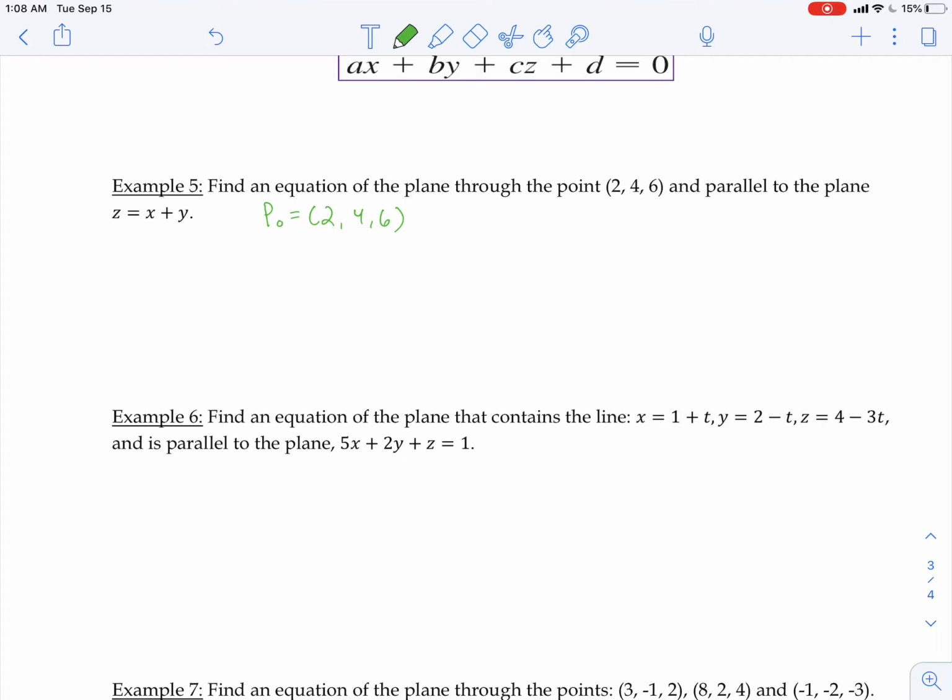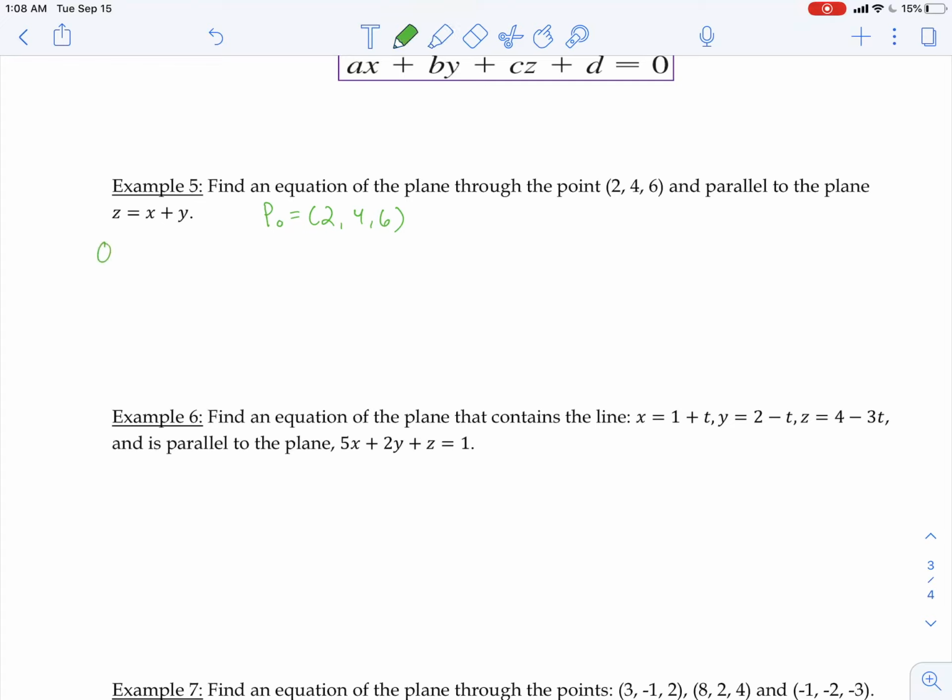And we're told that our plane is parallel to another plane, z equals x plus y. If our plane is parallel to another plane, then the normal vector of that plane can also be the normal vector I use on my plane. So I want to look at this plane and find out what its vector is, because it's going to be the normal vector.